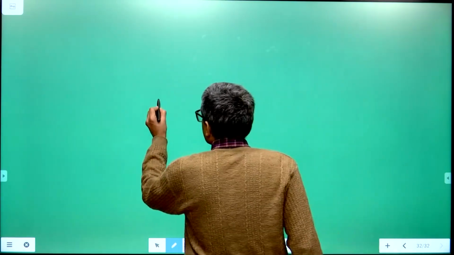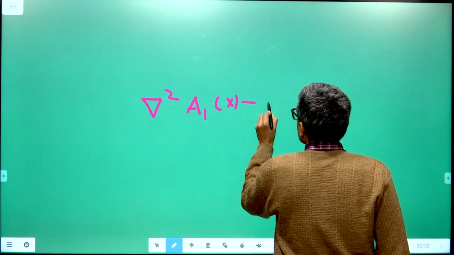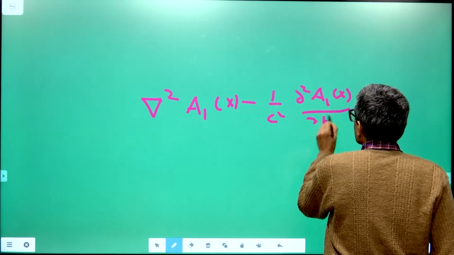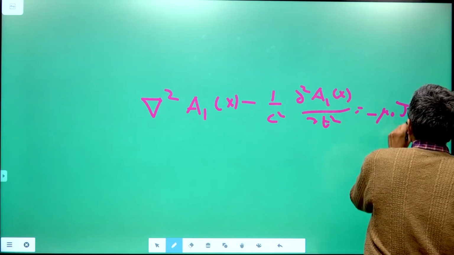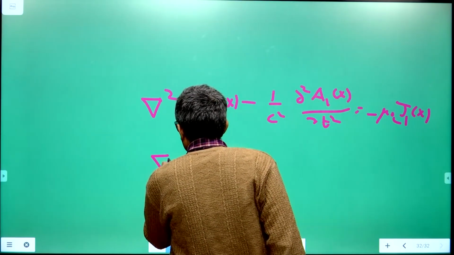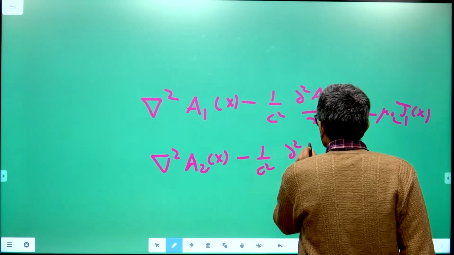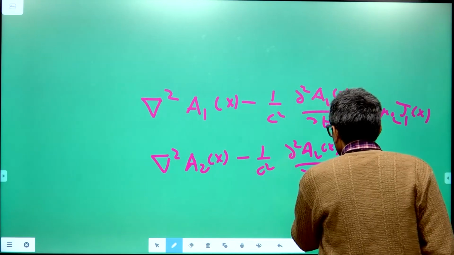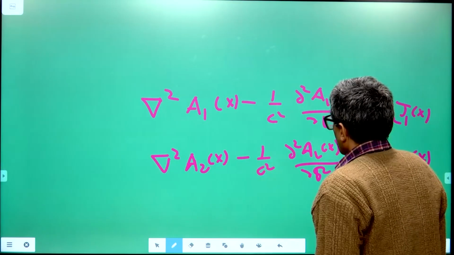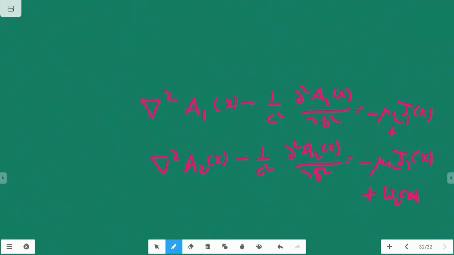So you have del square a1 of x minus 1 by c square dou square a1 by dou t square equal to minus mu 0 j1 of x, where j1 is the original source, and you have del square a2 minus 1 by c square dou square a2 by dou t square equal to minus mu 0 j2 of x, that is the rotated source, and you have of course noise also, w1 and w2.